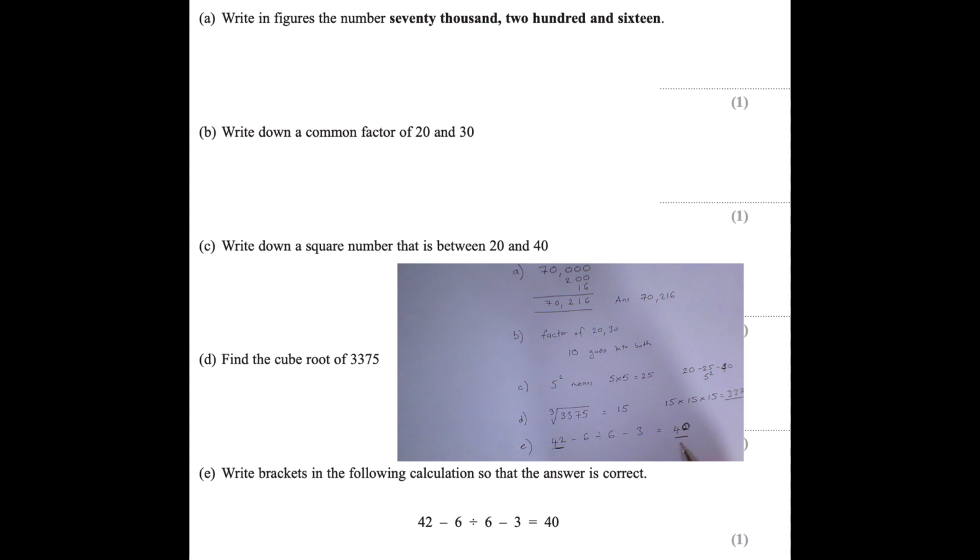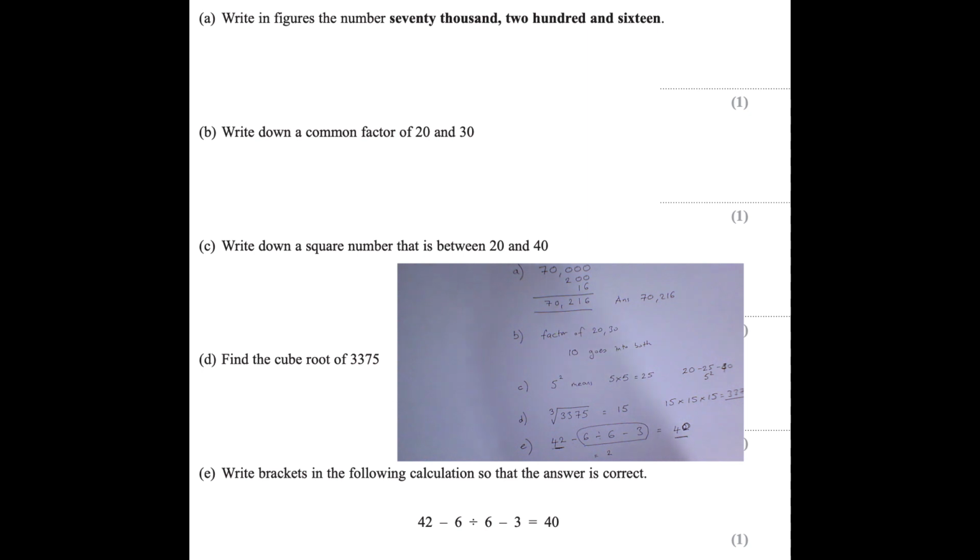And so I'm trying to think, how can I change this 6 divided by 6 take away 3 into a 2? Well, I know that 6 divided by 3 equals 2. So what I'm going to try and do is turn 6 take away 3 into 3. But I can do that.